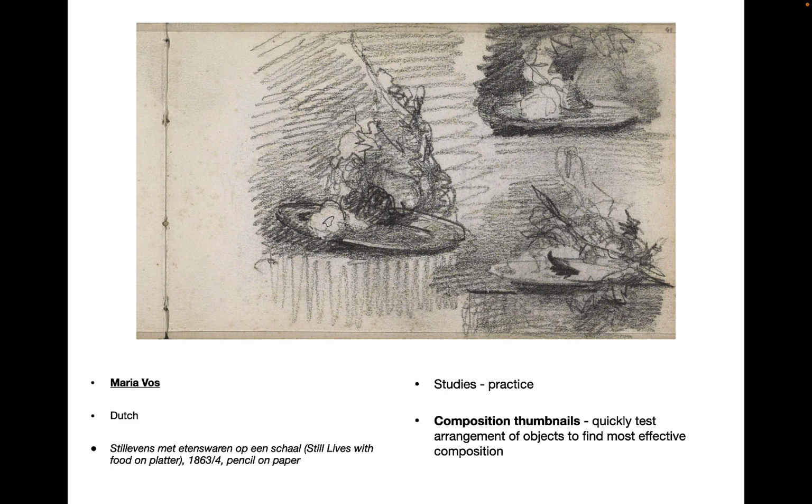I love seeing artists' composition thumbnails because we can see how their brains work. We can see how they figure out how things work. And you can see this is messy. It's done really quickly. The artist is just thinking through the arrangement and composition of items.